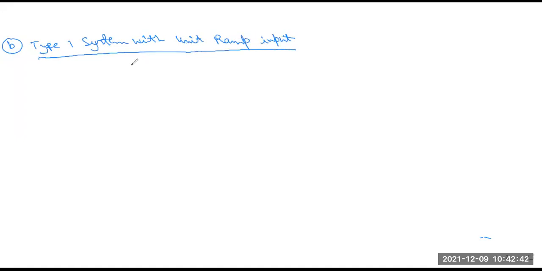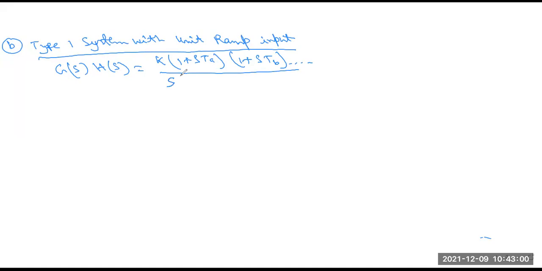So we know that for the ramp input signal, the same transfer function G(s)H(s) is equal to K into (1 plus STA) into (1 plus STB) and so on, over S into (1 plus ST1) into (1 plus ST2) and so on. These are the same equations for the given transfer function.